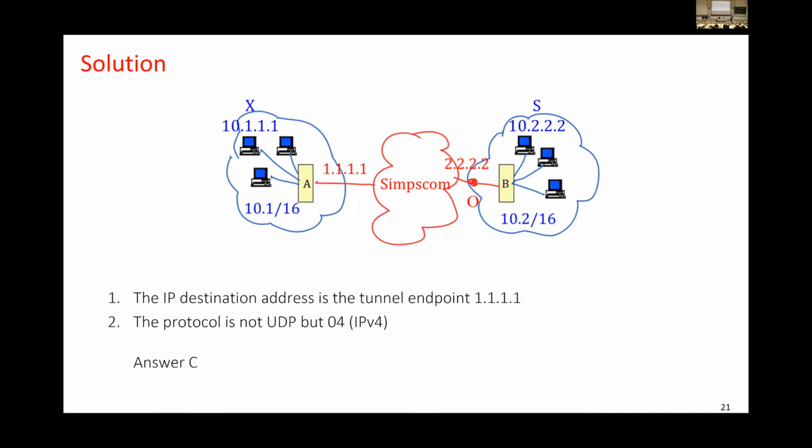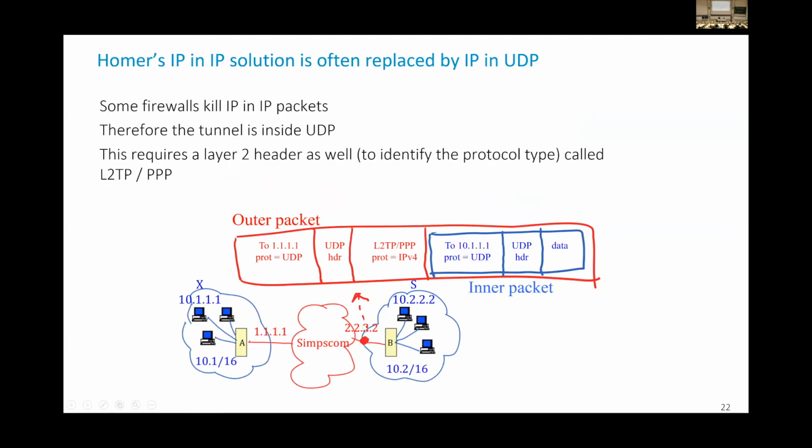And one of the weird values is this one. So many routers will kill packets that have a protocol type that is not TCP, UDP, or ICMP. So if you have a router of this kind on the path here, such packets would be killed. Which leads to the stupid but working solution, which consists in putting the IP packets inside UDP. Instead of putting them inside IP, we put them inside UDP.